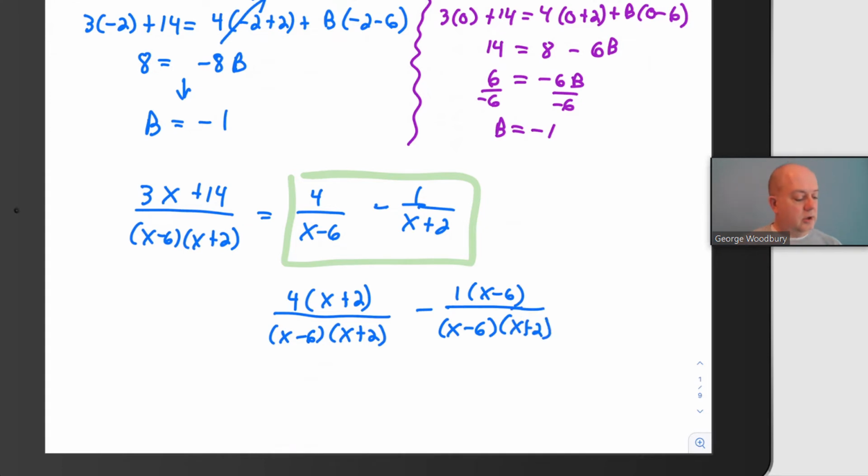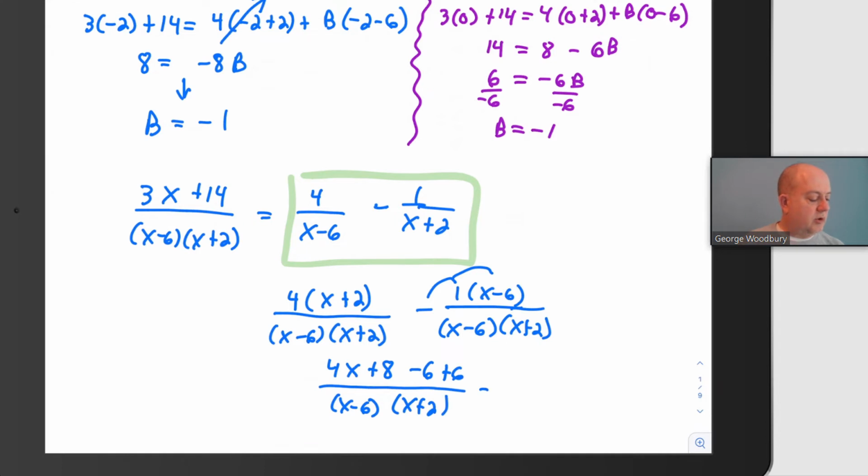Distribute in the numerator, we get 4x plus 8 minus x plus 6 over that common denominator. When we combine like terms on the top, we get 3x plus 14 over x minus 6, x plus 2. So this checks out. You don't have to do that check, but just to show you that this actually worked out to be correct.